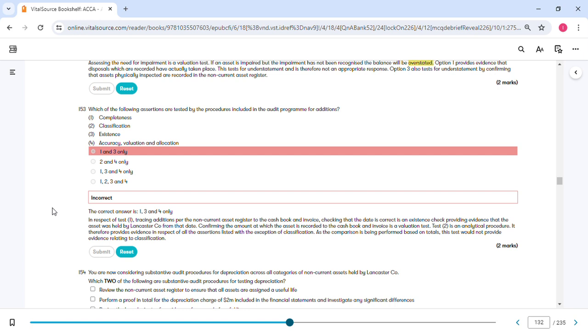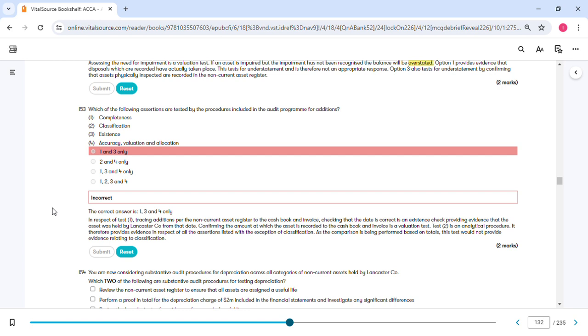In respect of test 1, tracing additions in the non-current asset register to the cash book and invoice, checking the date is correct is existence. Checking provides evidence that the asset was held by Lancaster from that date.